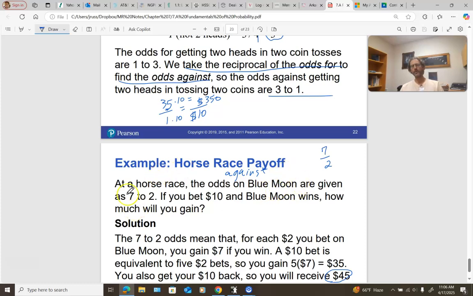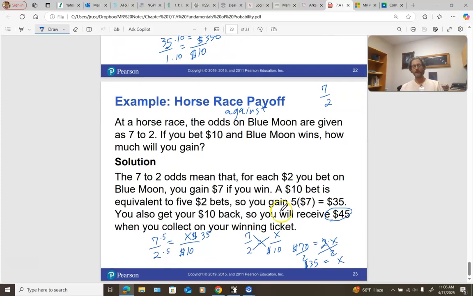A horse like Blue Moon, these are decent odds, 7 to 2, because you can see you end up making like 3.5 times what you bet. But usually the favorites, their odds are not going to be all that great. They're going to be like 7 to 2 or 5 to 2 or 3 to 2 or something like that.